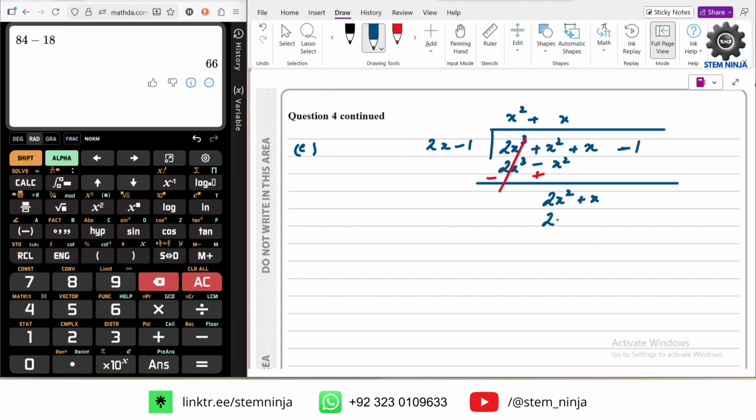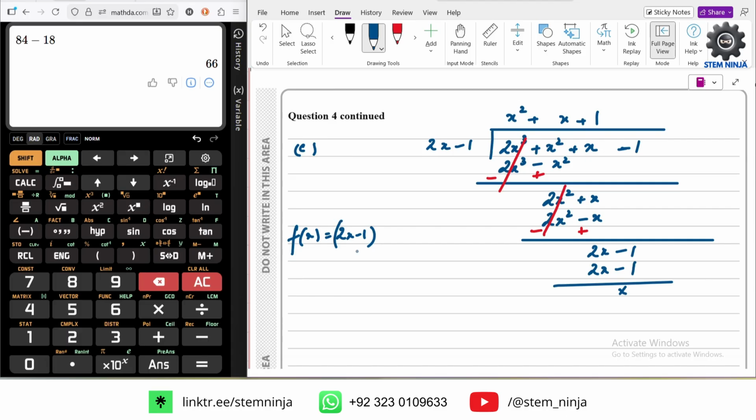So 2x squared minus x. This would become plus 2x minus 1, and then you multiply with 1. This one would cancel out. So full factorization is f of x is equal to 2x minus 1 and x squared plus x plus 1, and as you can see, there is no further factorization of this thing.